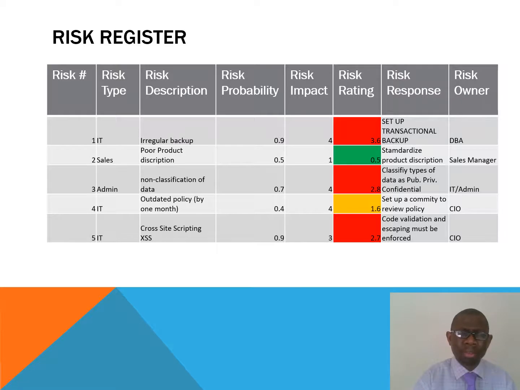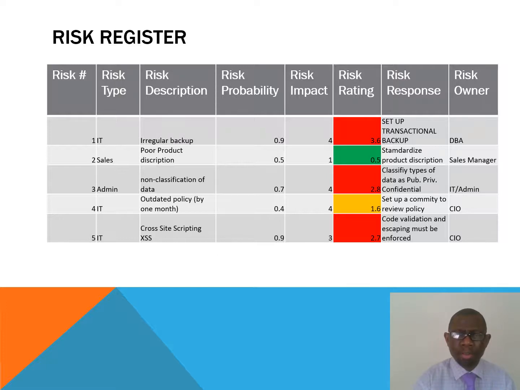Now we want to look at this risk map. The risk register looks something like this. It might look different in your organization, or if you are new to risk, you can have something like this. We have a risk number, just the number you assign to this risk. What is the risk type? Is it IT? Is it sales? Is it admin? Then the risk description, where you describe what the risk is. Where we want to focus is the risk probability and the risk impact, to give us the risk rating.